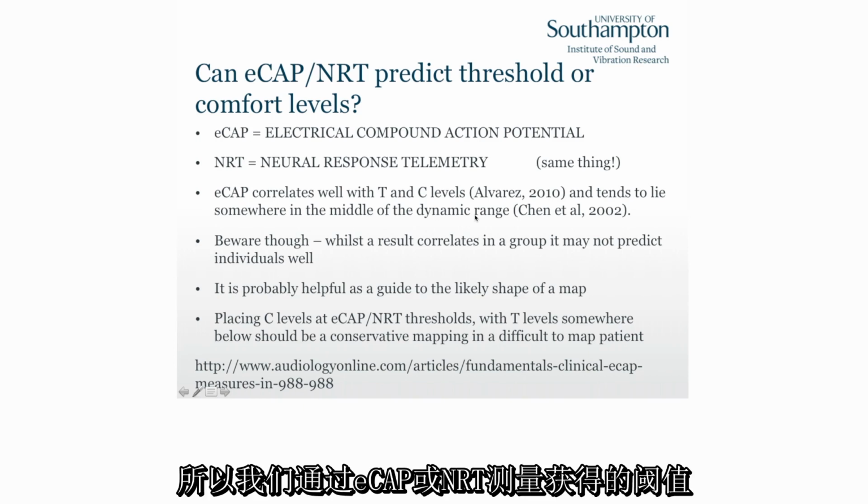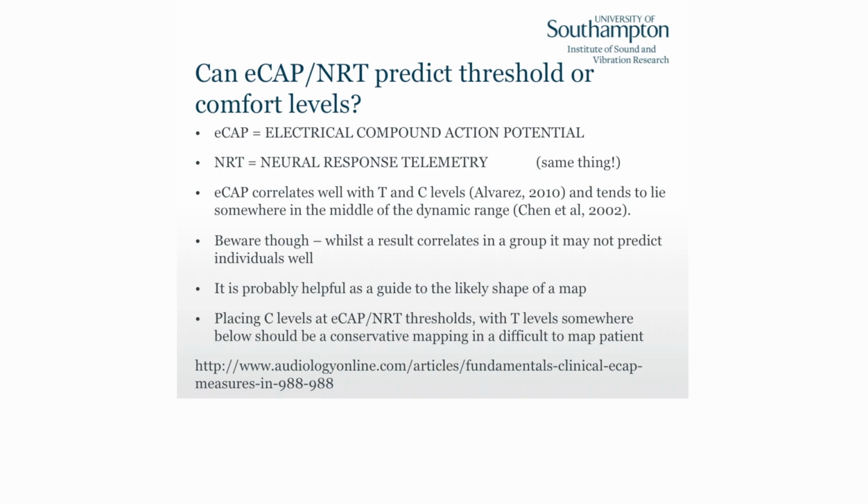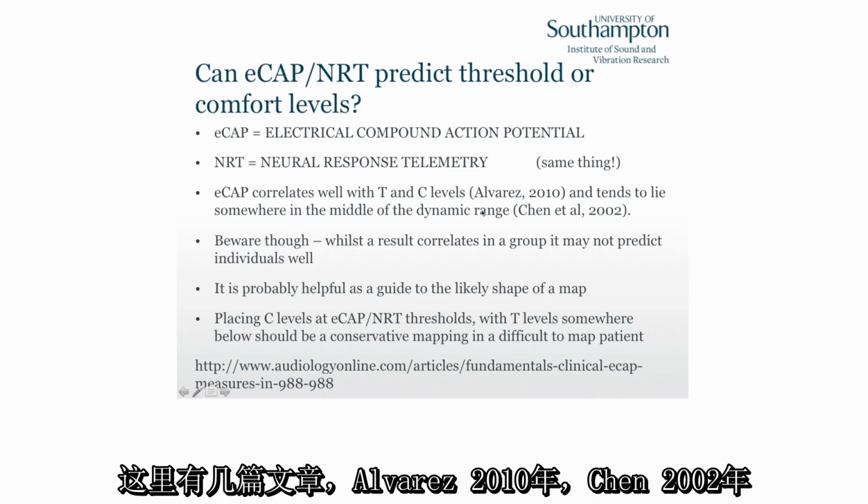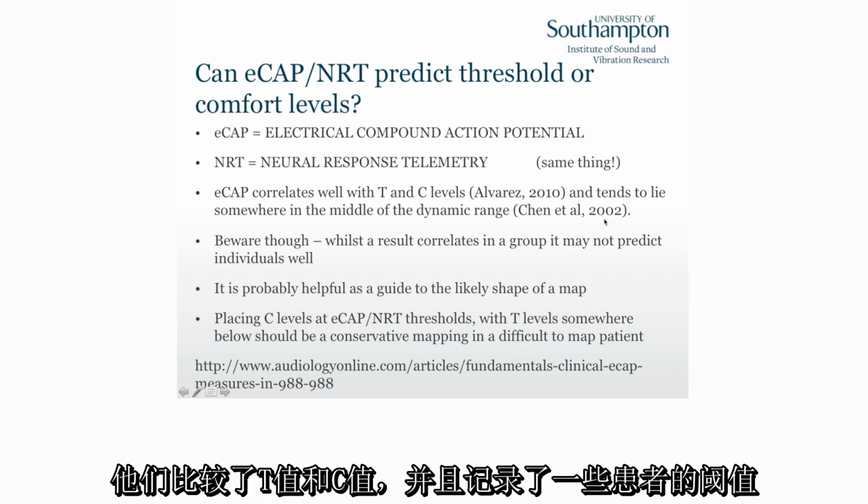So the threshold we get with an ECAP or NRT measurement would typically be between the T and C levels of a subject. There are a couple of papers here, Alvarez 2010 and Chen 2002, where they've compared T and C levels and ECAP thresholds in a range of subjects.